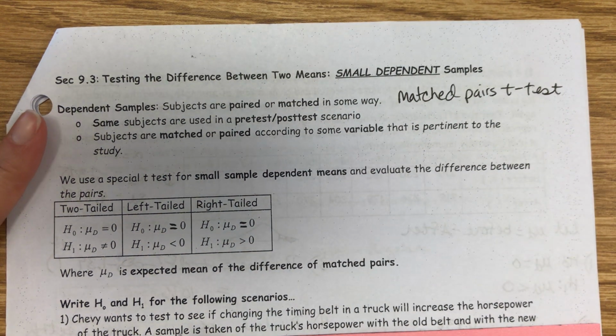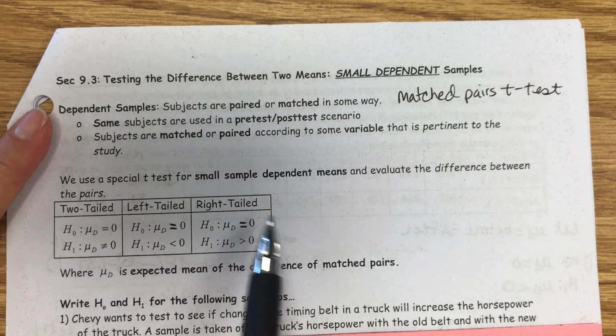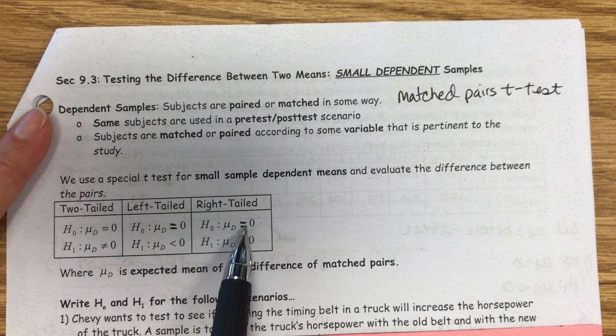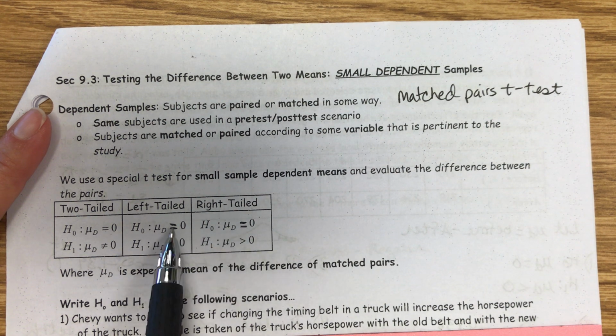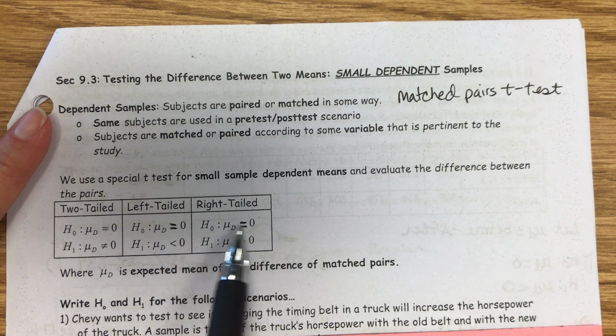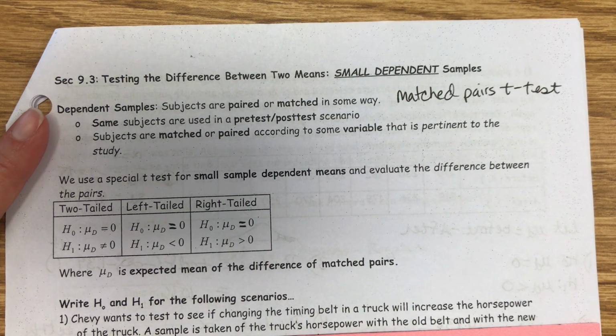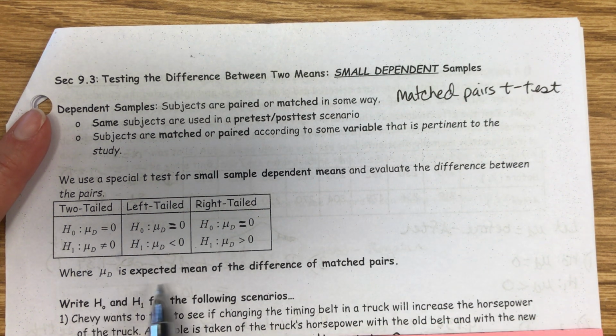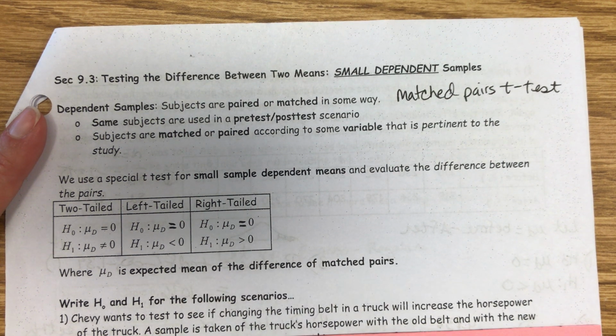One of the things is that we're going to change our language a little bit. Just check to make sure on your paper you have equals, equals, equals. I think I changed them before I copied, but just double check that you have equals here and equals here, because there was an old way it could have been written, but we're going to be using these equals. We're going to have mu d, the expected mean of the difference of your matched pairs.